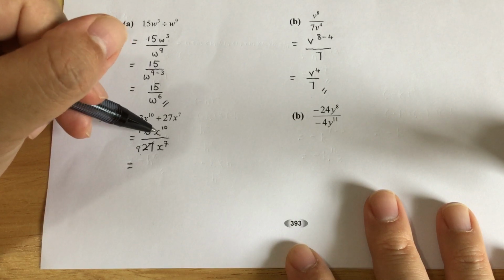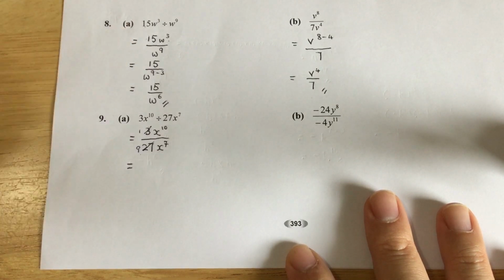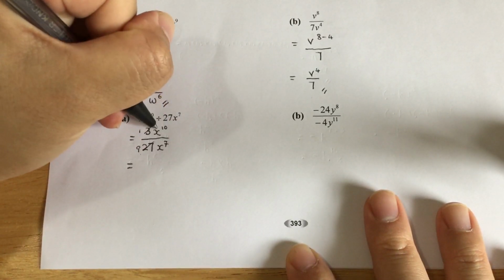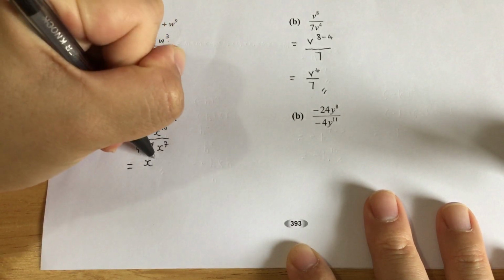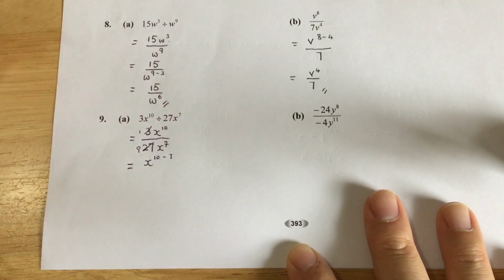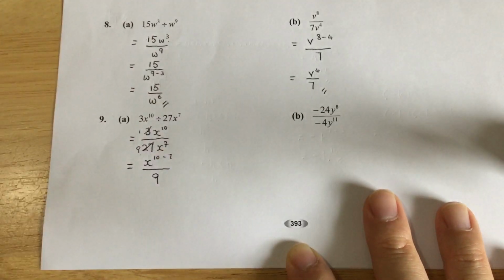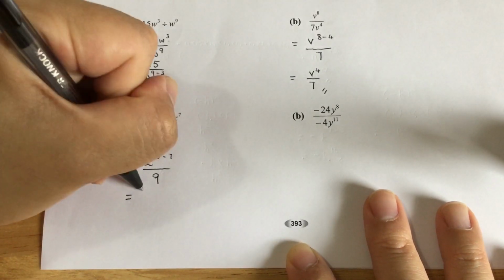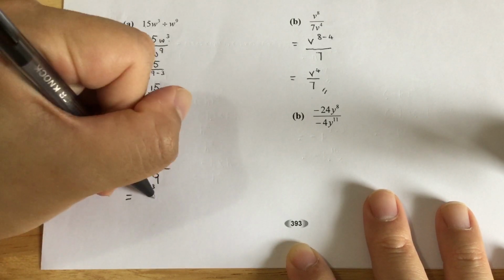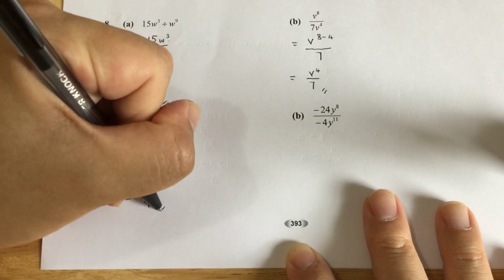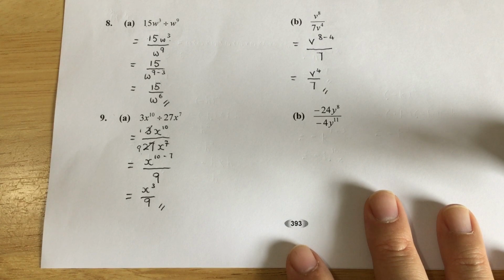So you will know that this is x with the power 10 and x with the power 7. This one is greater, so we use x with the power 10 minus 7 in the numerator, and we copy 9 here for the answer. 10 minus 7 is 3, so the answer is x to the power 3 over 9. So you solve the problem.